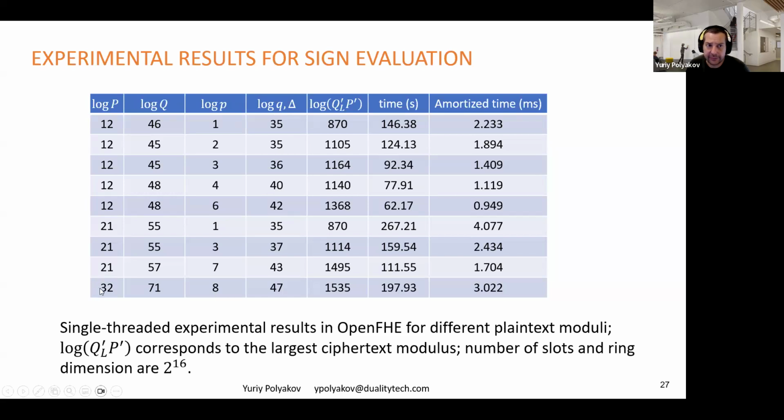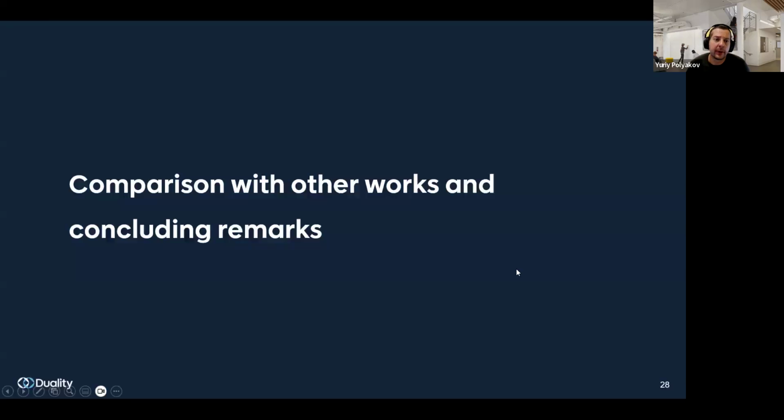For 32-bit sign evaluation using 4 8-bit digits, we would expect a latency of roughly over 3 minutes for single-threaded execution, and an amortized time of 3 milliseconds. This is what we got for our proof of concept implementation in OpenFHE. All these results are for a ring dimension of 2 to the power of 16.